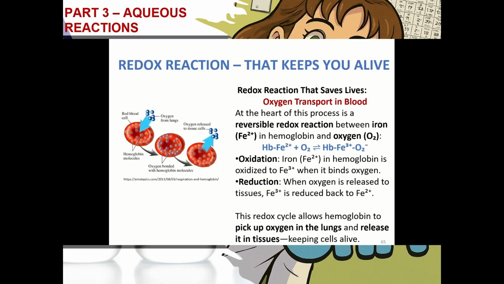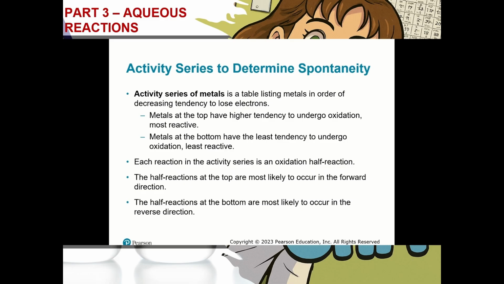The iron in the hemoglobin is oxidized to iron 3 when it binds with the oxygen, and reduction happens when the oxygen is released to tissues, so iron 3 is reduced back to iron 2. This redox cycle allows hemoglobin to pick up oxygen in the lungs and release it in the tissues, keeping cells alive. So see, chemistry keeping you alive.